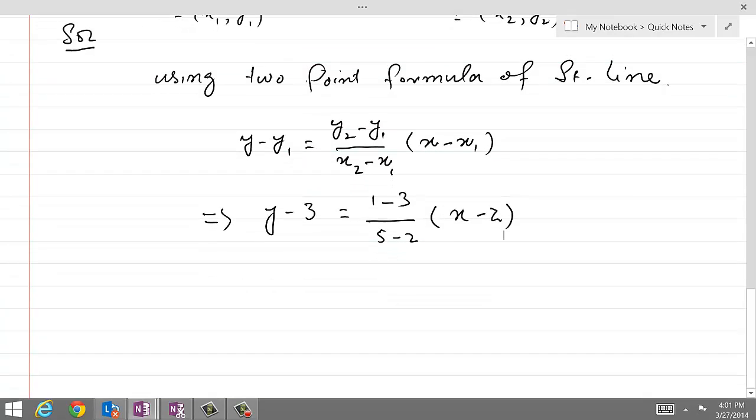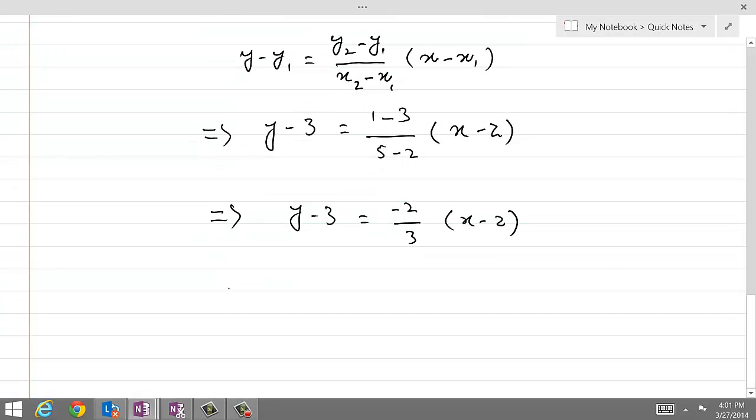So now we can simplify this, and this will give us y minus 3 equal to minus 2 over 3 times x minus 2. Upon further simplification, we can multiply 3 on both sides. This will give us 3 times y minus 3 equal to minus 2 times x minus 2.